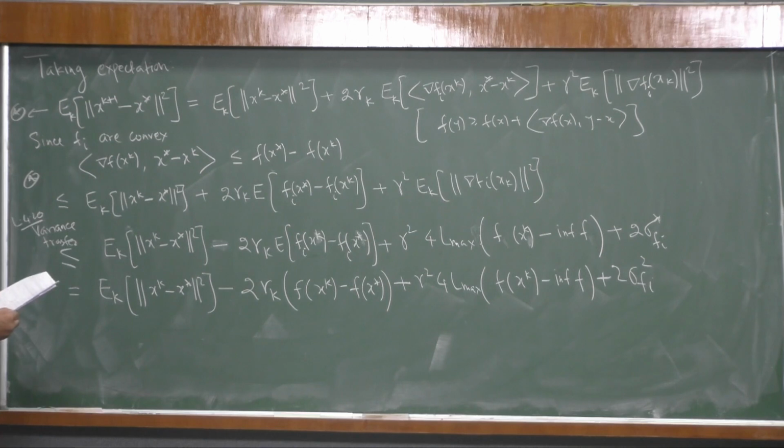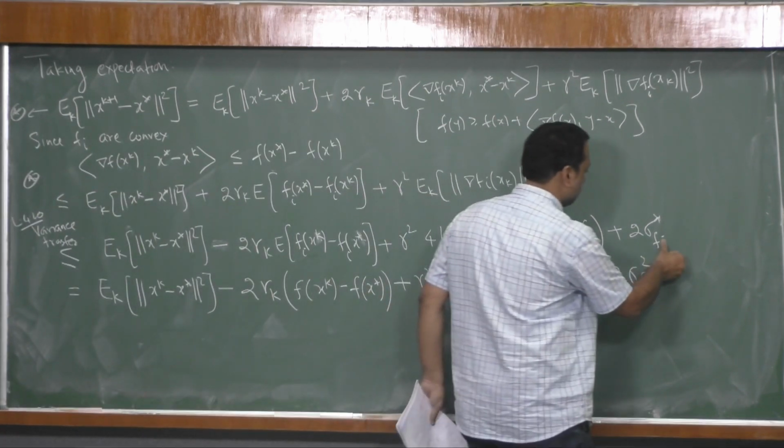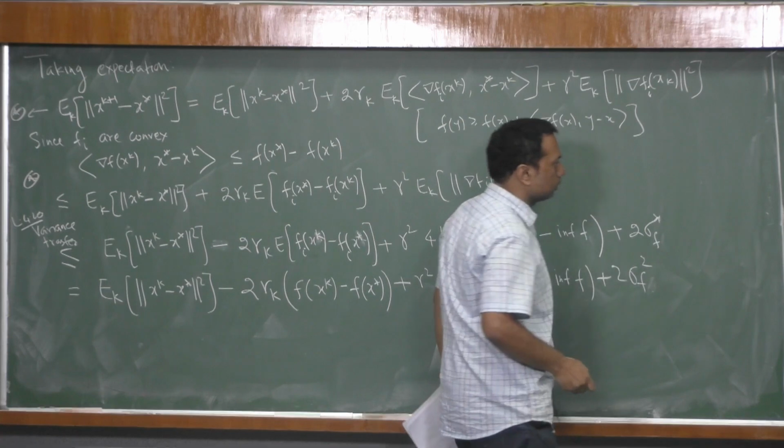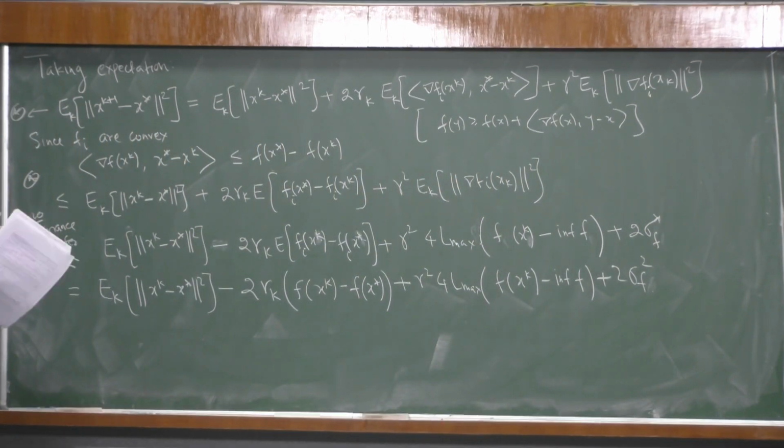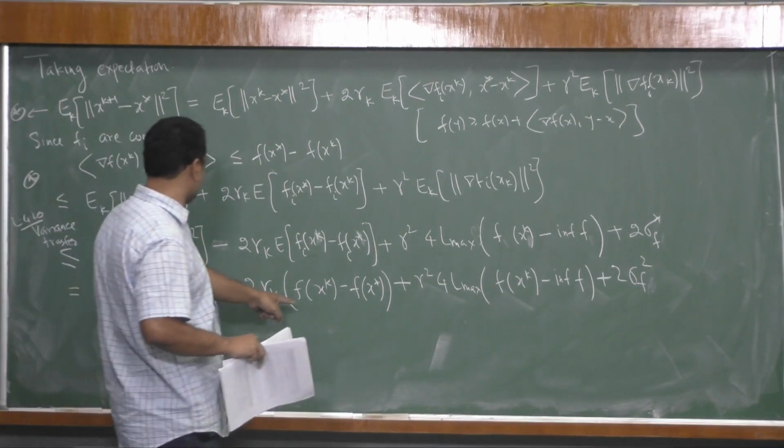Are we sure that it will be sigma fi or sigma f? Sigma f. So here also we have a little bit of change, it should be sigma f. Variance is done on the fi's, that makes sense because that's a stochastic term there, but the final term should be sigma f.